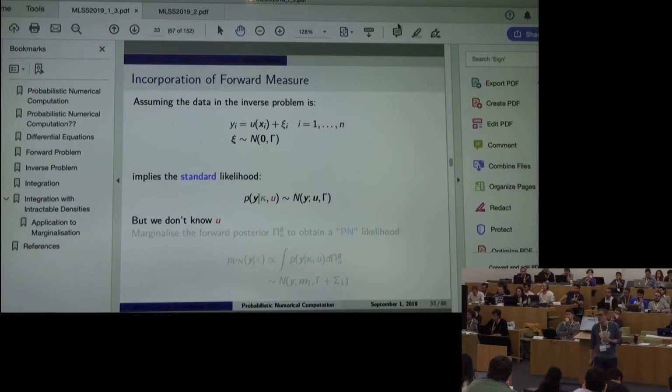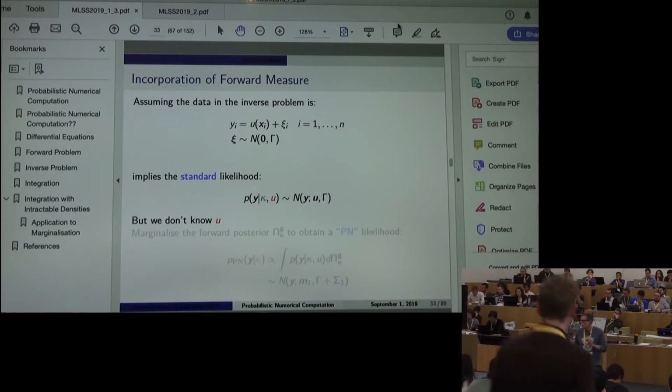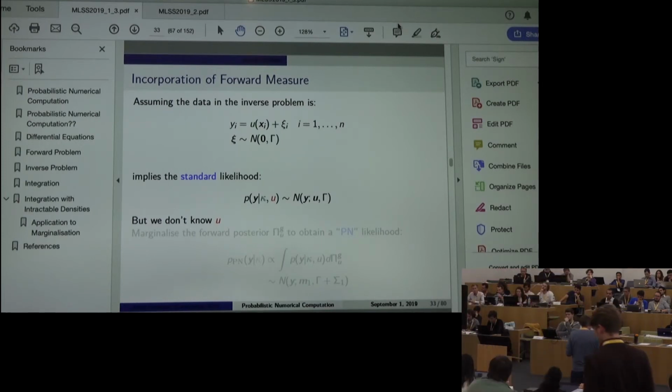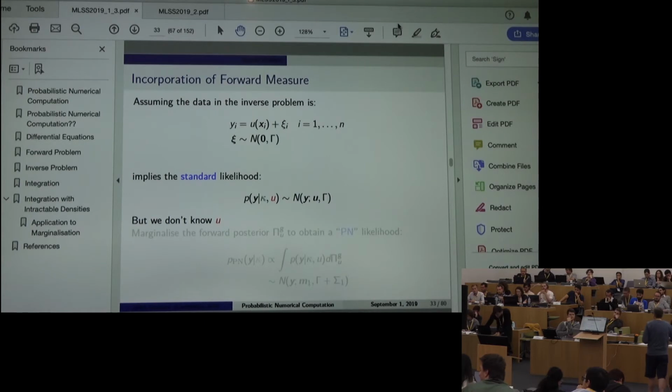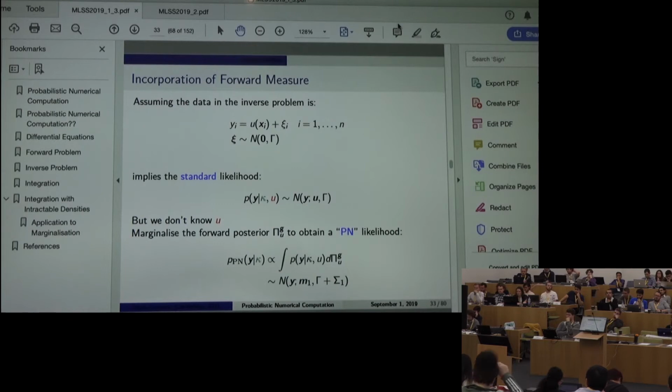But let me emphasize that we don't know what U is. We know what an approximation of it is in the numerical, the non-probabilistic numerical setting, and in the probabilistic setting, well, we have a full probability distribution associated with it, and so therefore we can use that.